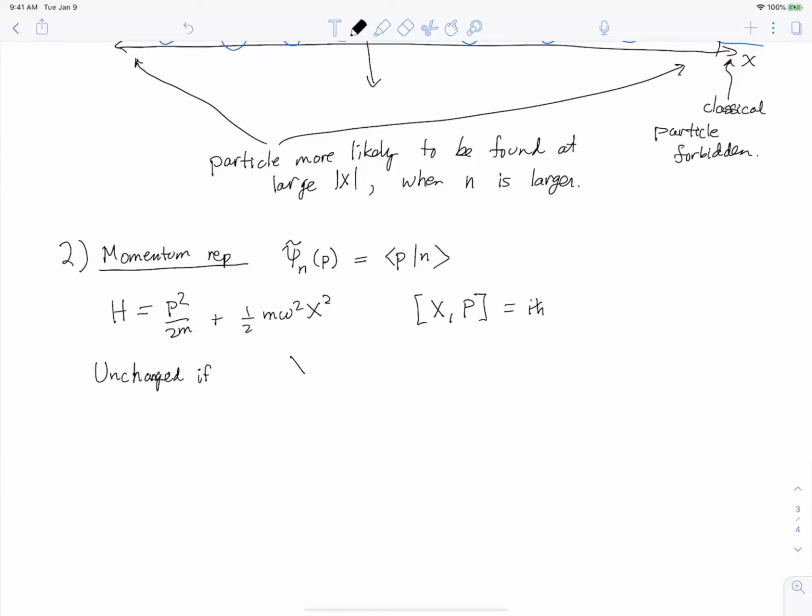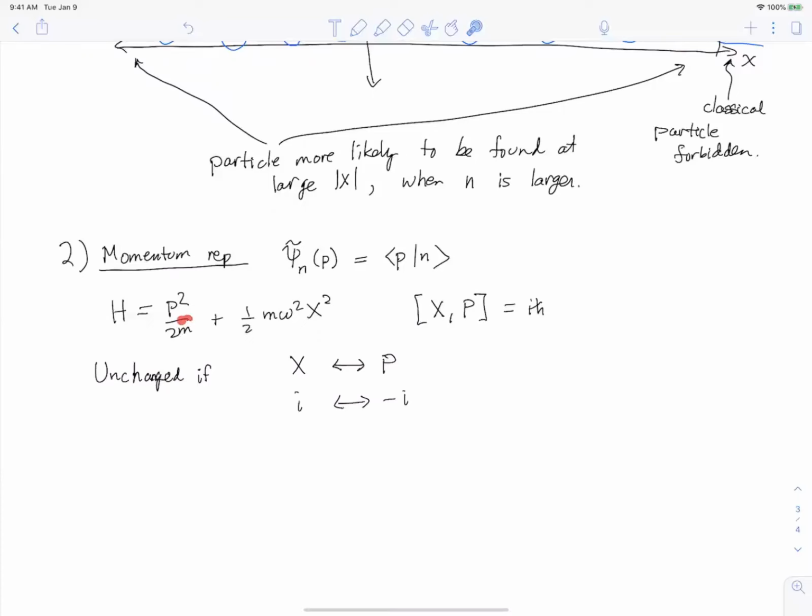Okay, first of all, we're going to take x and interchange it with p. And then because of this commutator, we're going to take i h bar and replace it by minus i h bar. So i here gets replaced by minus i. And then we have to take the coefficients in the Hamiltonian.